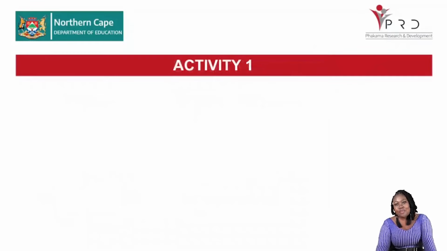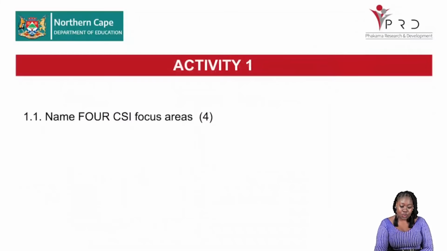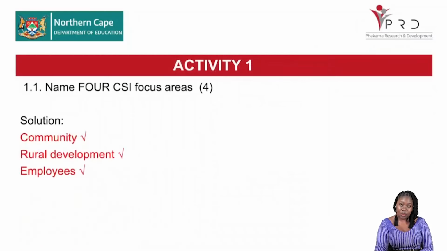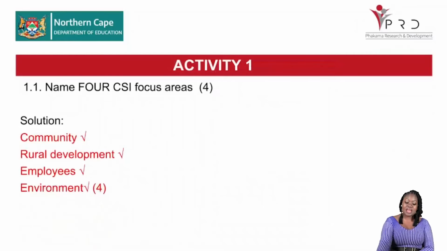Okay, so by the end of our lesson, I want us to do this activity. So let's do the activity real quickly. Question 1 says name 4 CSI focus areas. Okay, the 4, and here's your solution. We have community, rural development, employees, and then we have the environment.